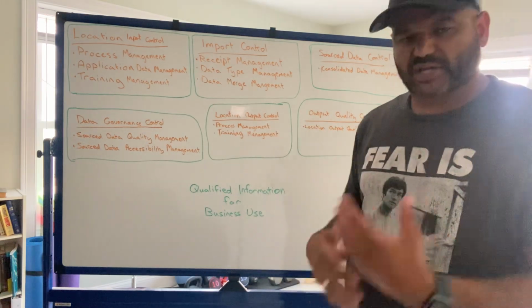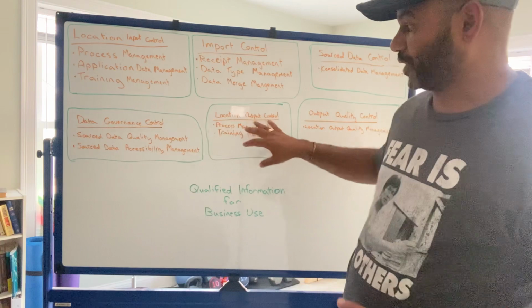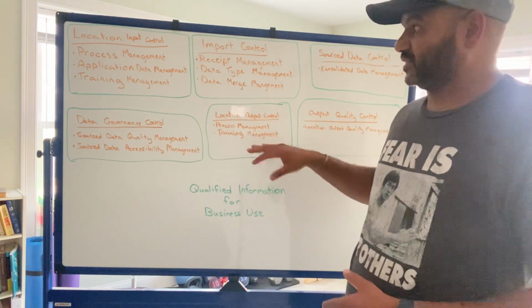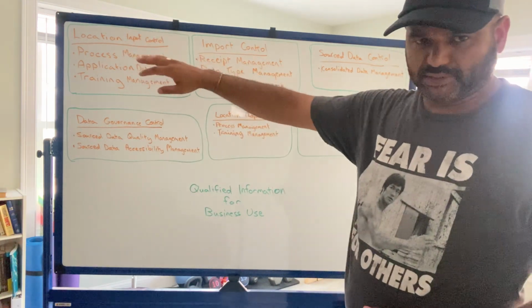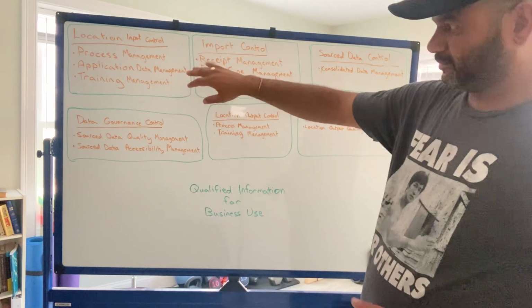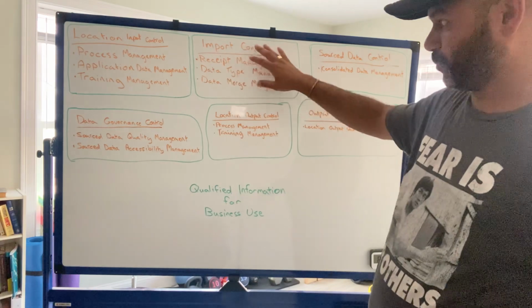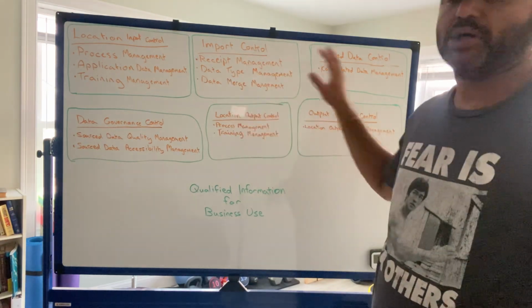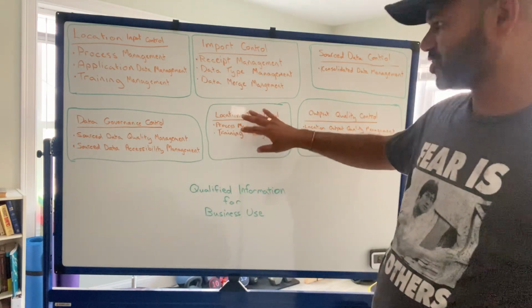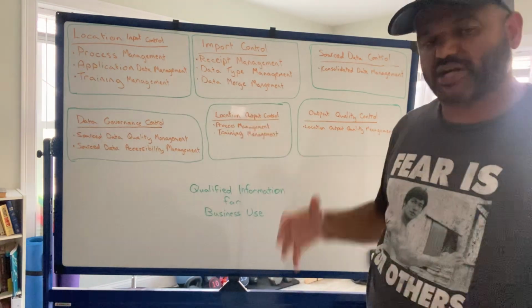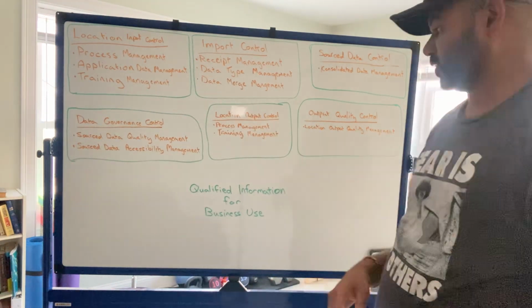That's mostly to make sure things are all consistent, because at this point all of the data is consistent. Up here, none of the data is consistent, and everybody's doing their own thing, and that's fine. We take care of that in the import control. At this point, all of the data is the same. So now we just need to make sure that people understand what that data is and are using it appropriately.